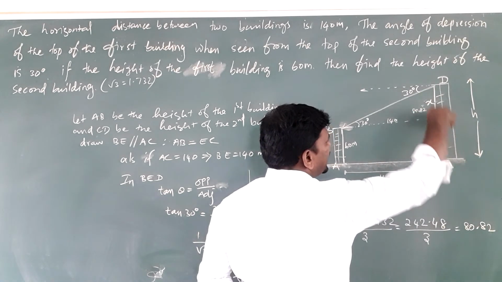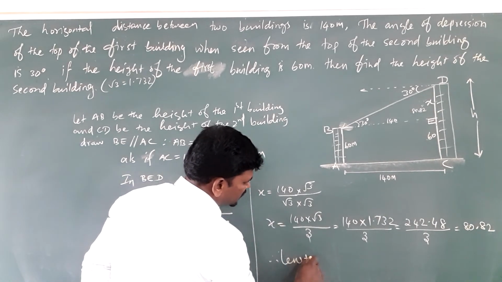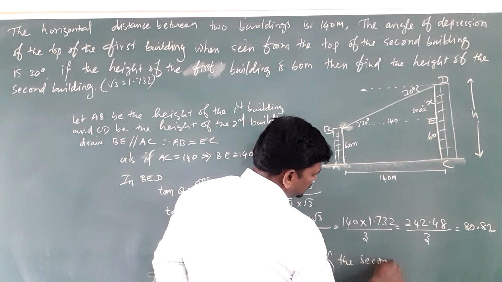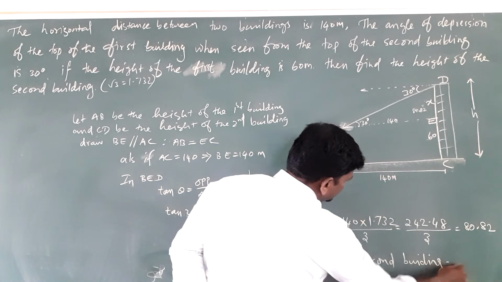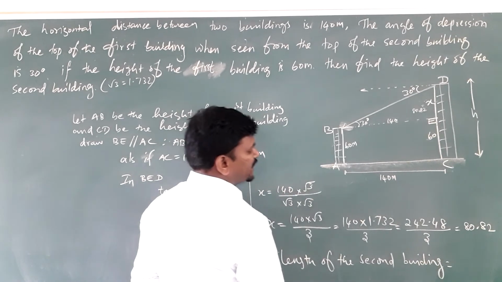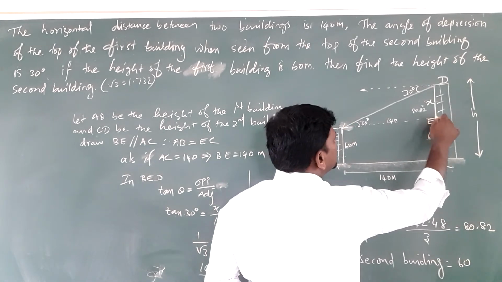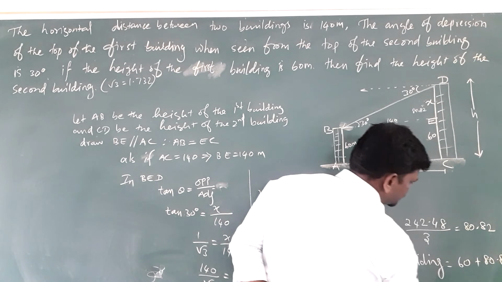So the entire length of the second building is equal to 60 plus 80.82.